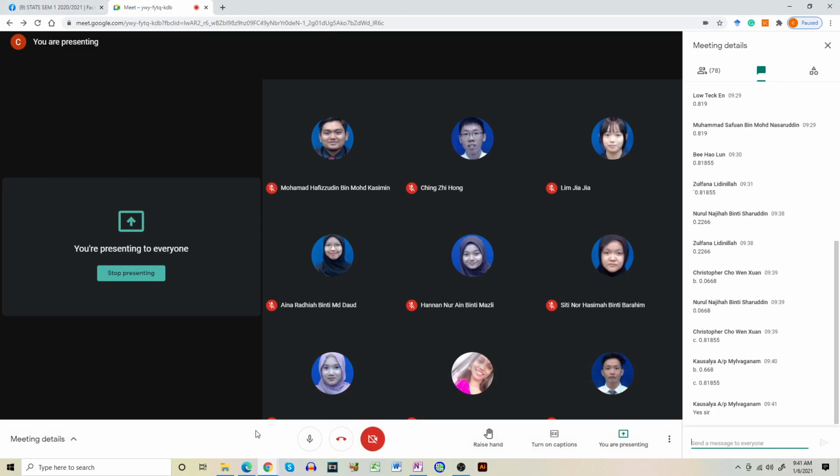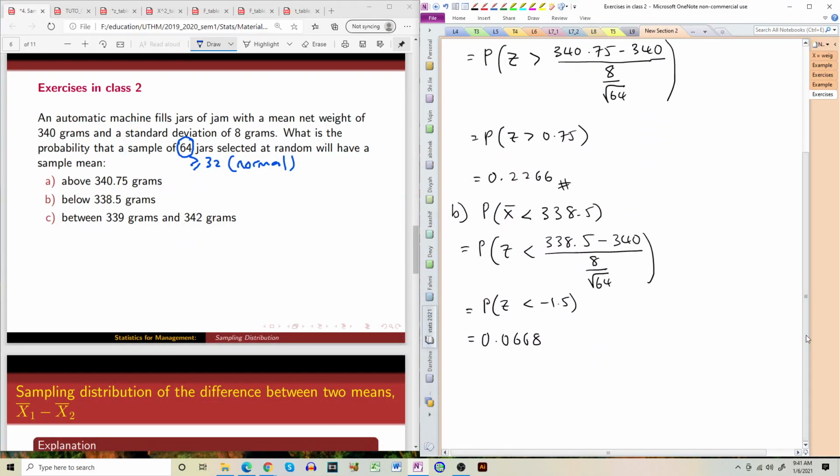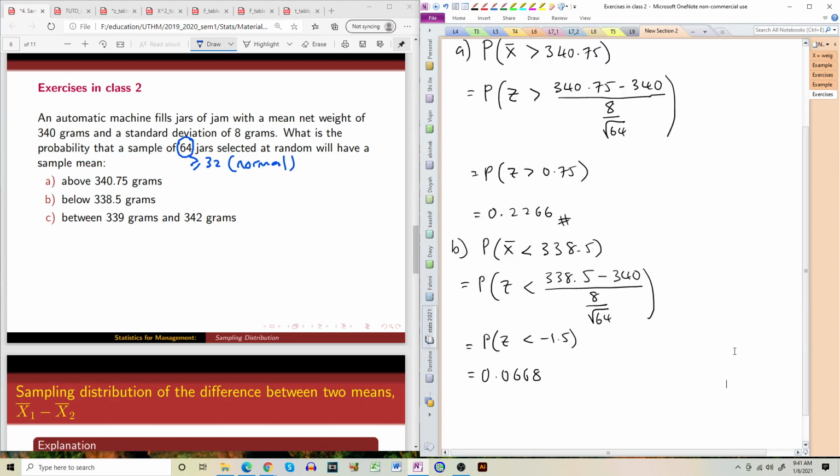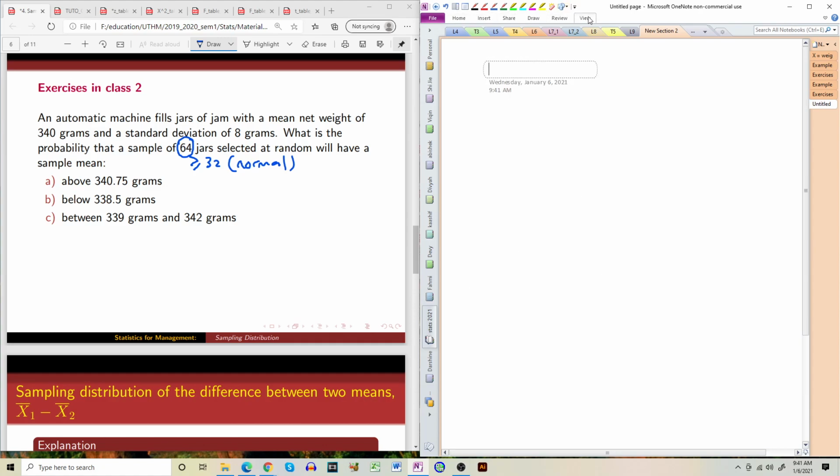Now let us look at C. For C, I need to go to the next page. Three, 3, 4, 2.